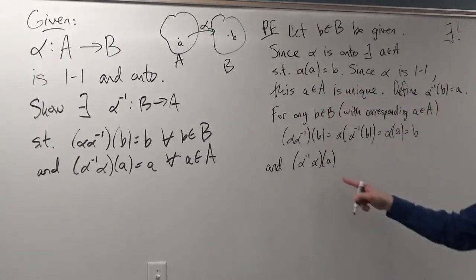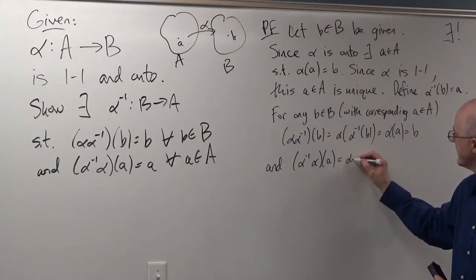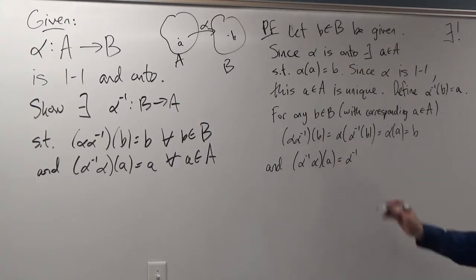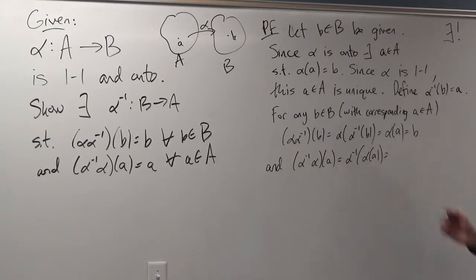It's this one that requires a little extra explanation, I think, to be fully rigorous here. Why does alpha inverse of alpha of a equal a?